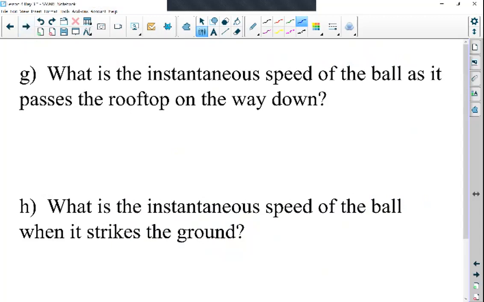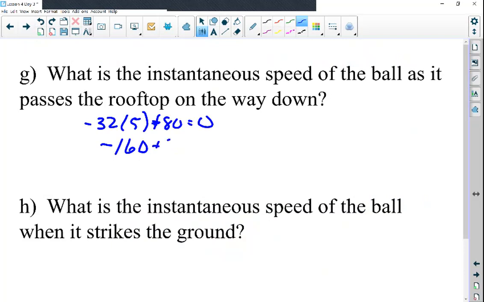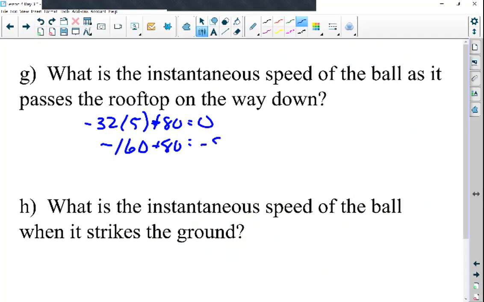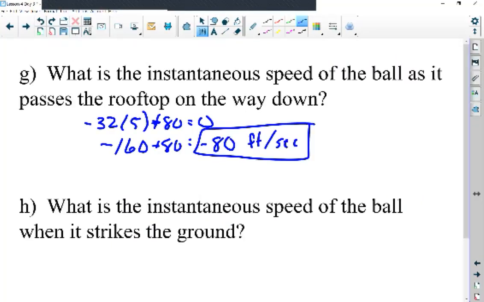So we can use our formula, negative 32 times 5 plus 80. And there we see that negative speed. That's why I call it velocity. The negative just means it's falling and it's moving downward rather than moving upward if it was positive.